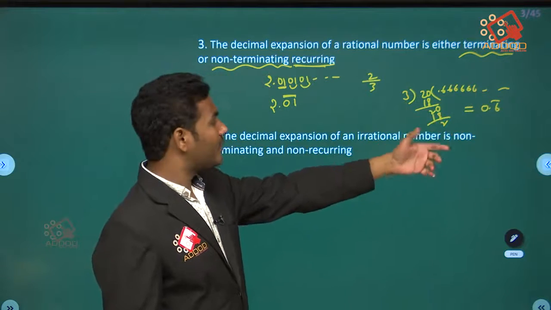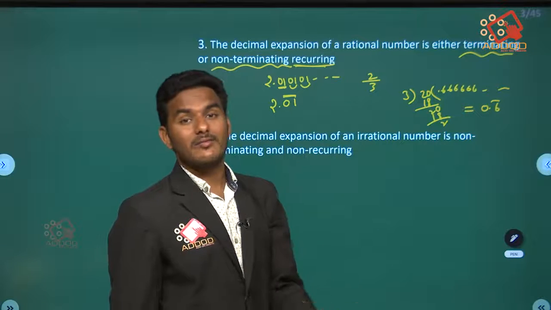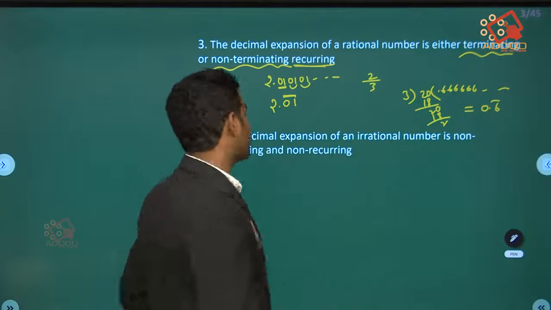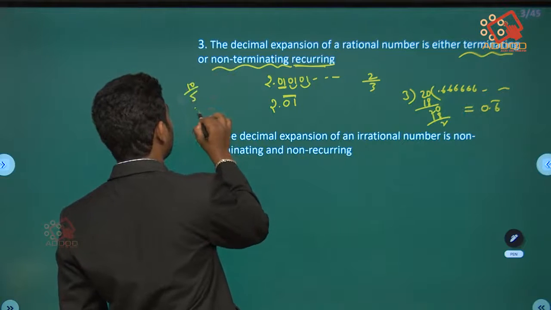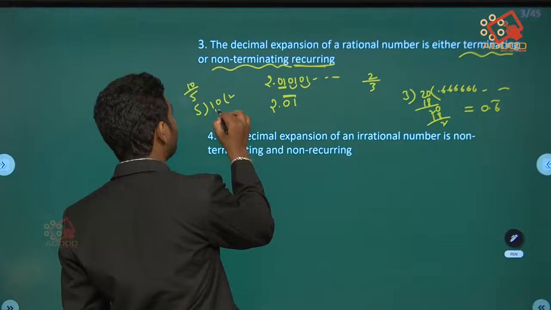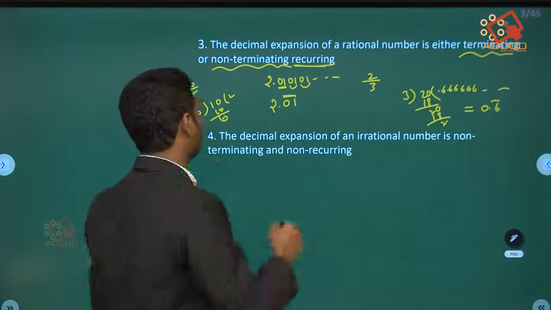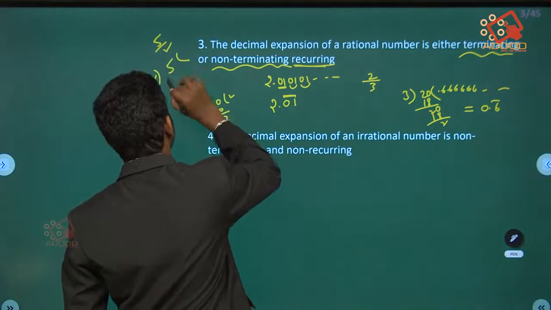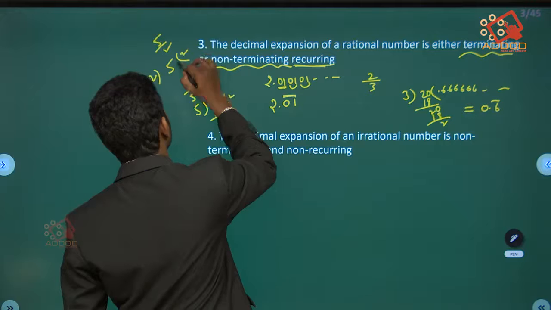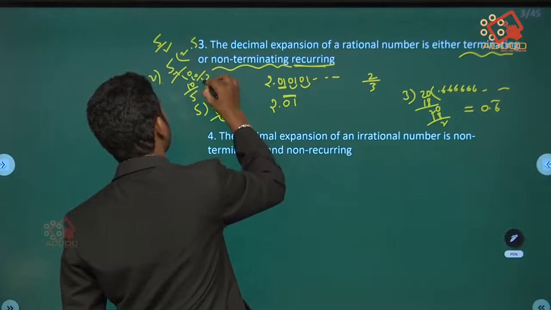So after the decimal point, even though it is non-terminating, what is terminating and what is non-terminating? Terminating, for example, look here: 10 by 5. Simply, 5 twos are 10, remainder 0. Here 2 is there, terminated there itself. For example, here 5 by 2. We have to divide 5 by 2. 2 twos are 4, 1 is there, point 0, 2 fives are 10, 0 we are getting.